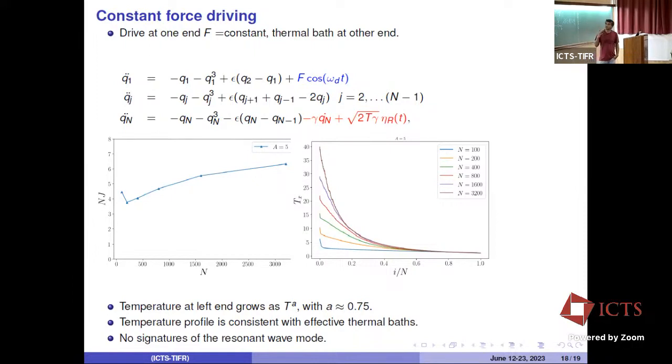So theoretically one expects this to scale as square root n, but we find that the temperature out here somehow scales as n to the power a, where a is 0.75. And again, these temperature profiles are completely consistent with just putting thermal baths at the 2 ends. So again, there are no Breather modes in this situation.